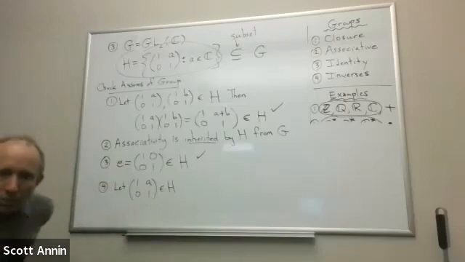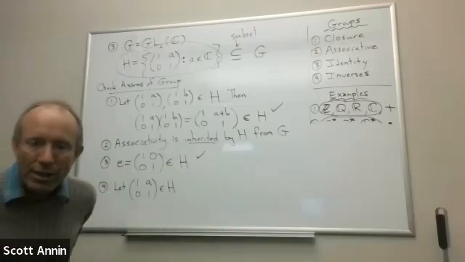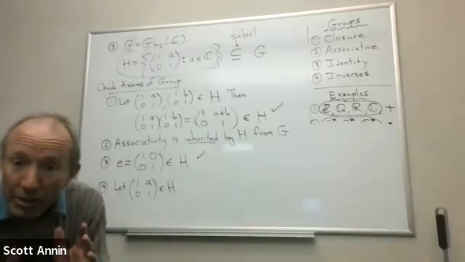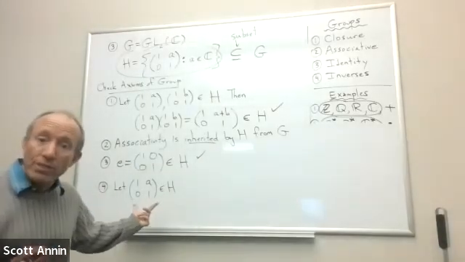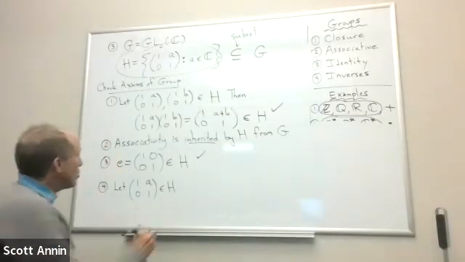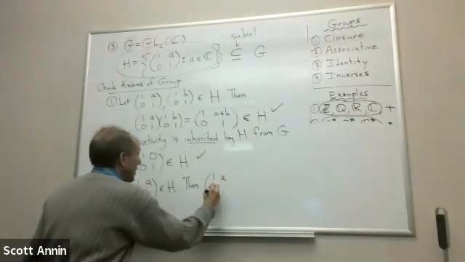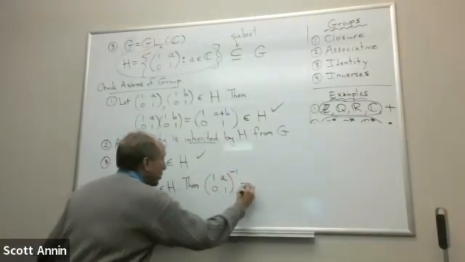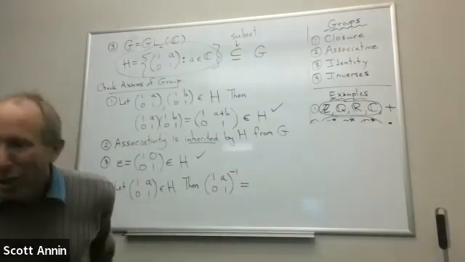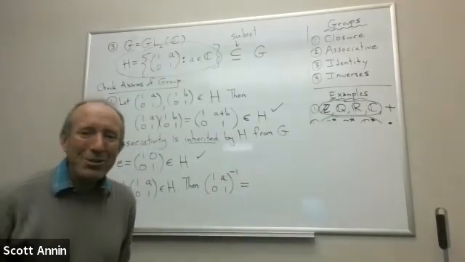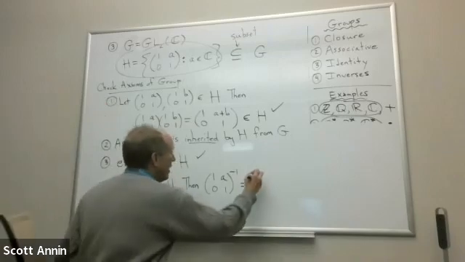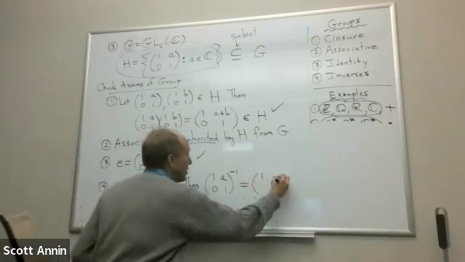So [1, A; 0, 1] is an element out of H. And let's think about its inverse. We know it has an inverse because this matrix is invertible. The question is, what is the inverse of that? Well, if you take a linear algebra course, they're going to teach you the formula for the inverse of a 2x2 matrix. And in this case, the answer is [1, -A; 0, 1].